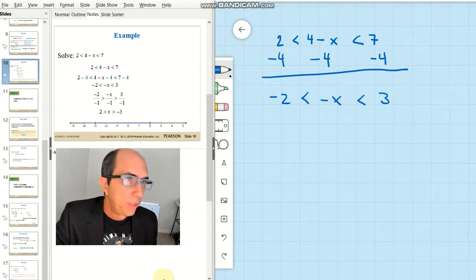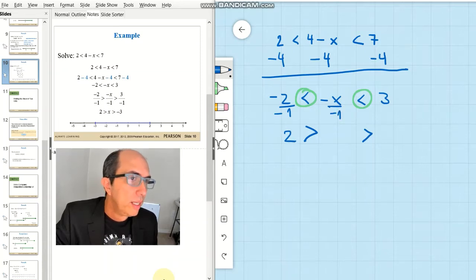Next step, divide by negative 1 or multiply by negative 1. It's going to be the same thing. But remember, you have to flip the inequality. When you're dividing or multiplying by negative 1, flip the inequality. Negative 2 divided by negative 1 is 2. X divided by negative 1, x. And 3 divided by negative 1, negative 3.